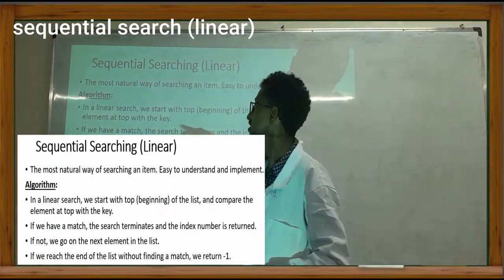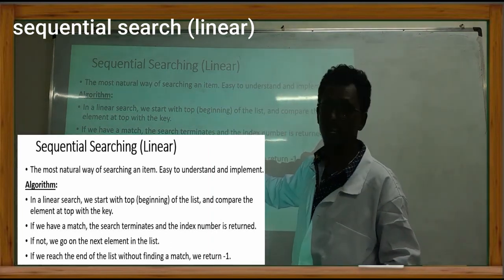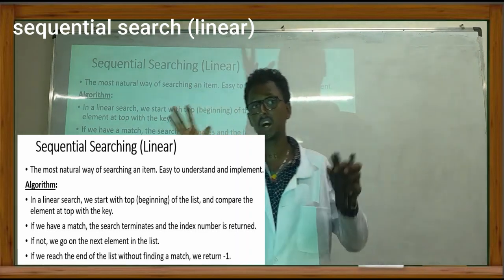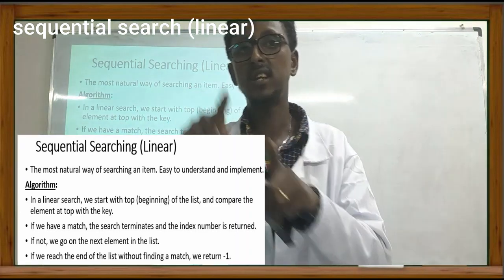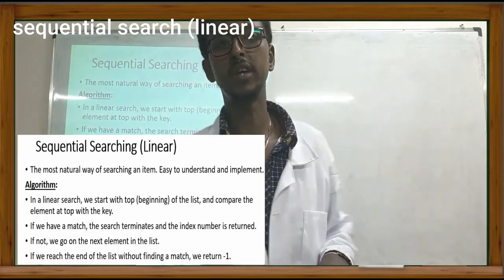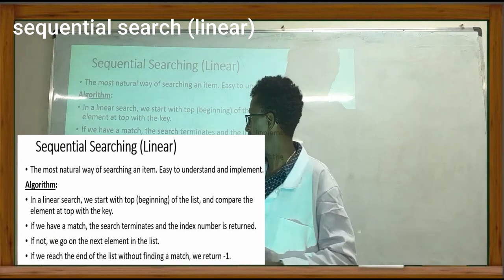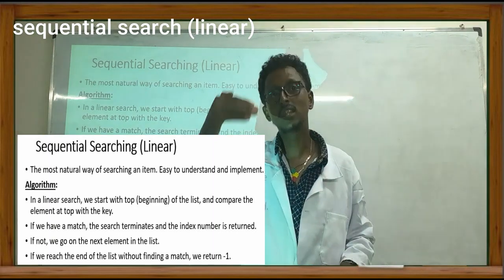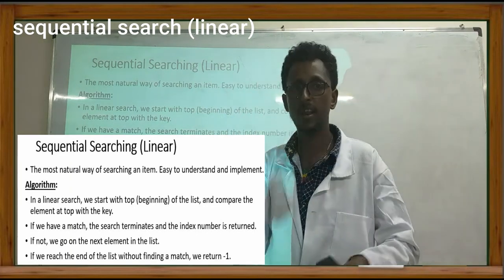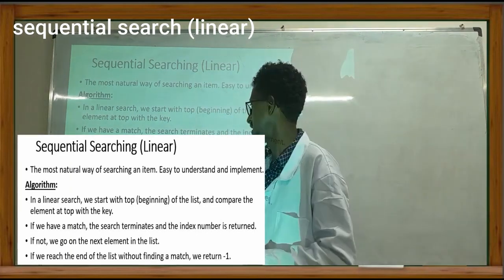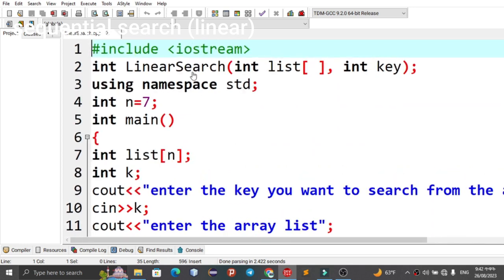If not, we go on to the next element in the list. If the first item matches, the key is found at the first position. If it is not, go to the next until the items in the array are exhausted.